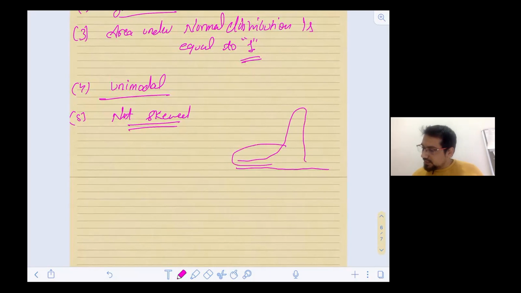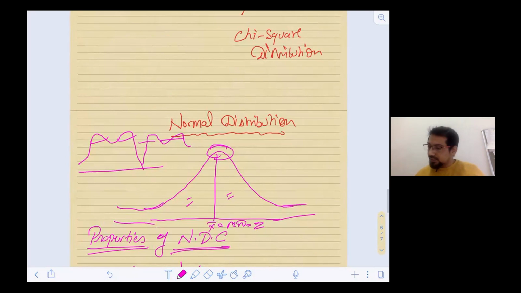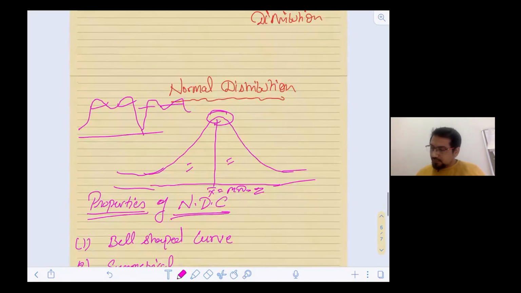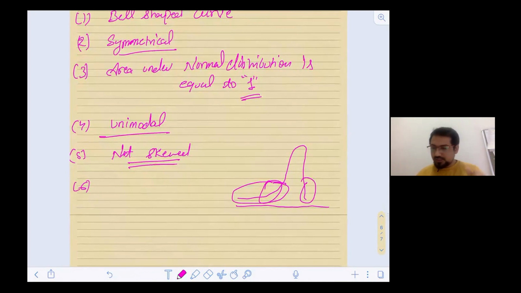It means that it has skewness. Skewness means a bend towards one side, either right or left. But the normal distribution curve is not skewed. It always has an equal distribution, right?